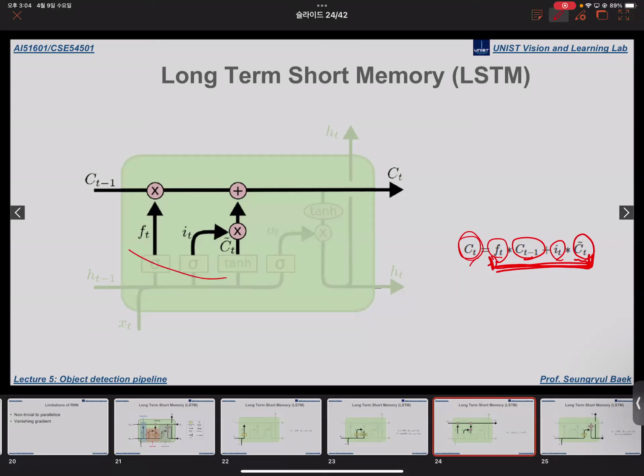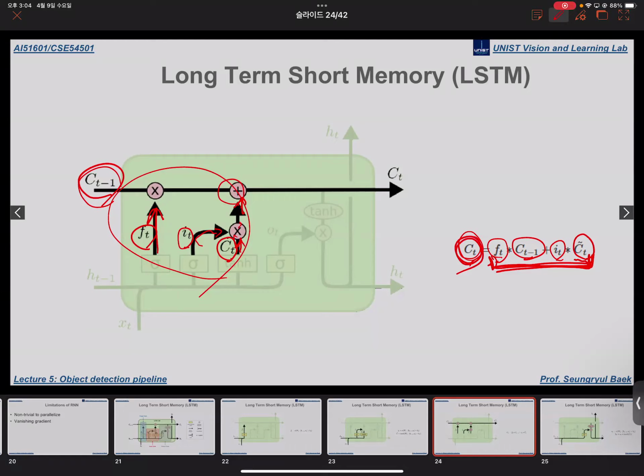That is represented here. The forget bit is multiplied with the previous cell state, the information bit and the current time step cell state are multiplied, and they are added to the previous information. So this becomes the current time step's cell state.